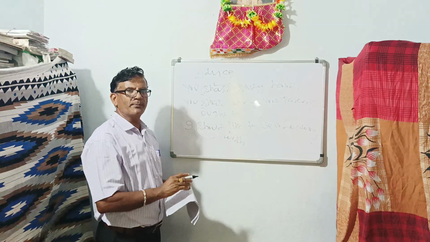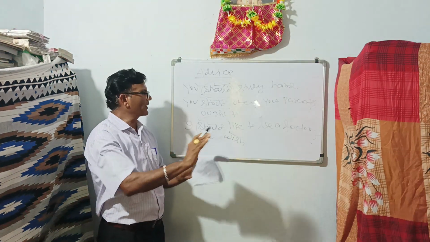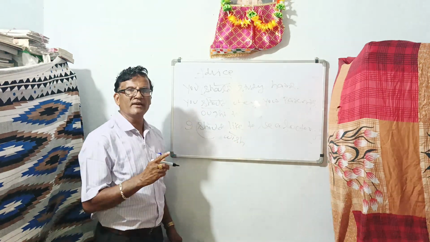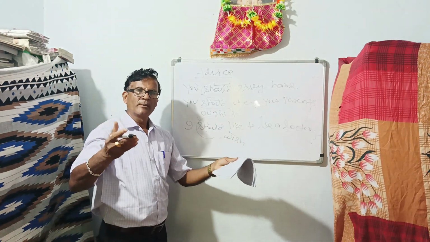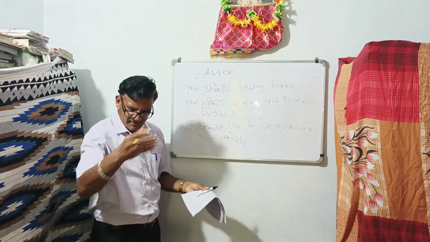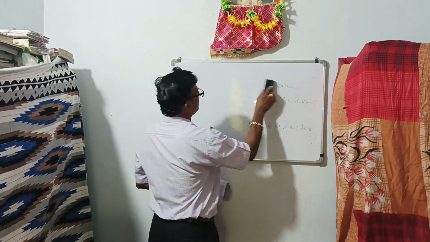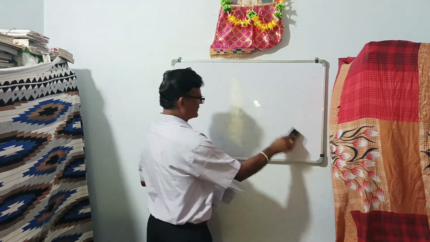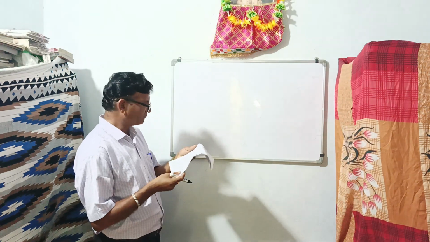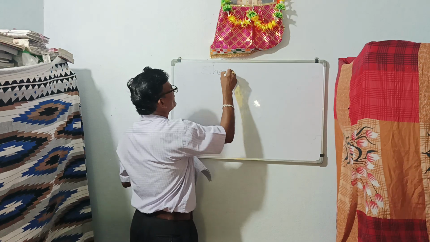In different sentences and situations, the same modal auxiliary verb expresses different meanings. May you live long, may God bless you: here the modal auxiliary verb may expresses wish. So may and should are used to express wish, whereas should is also used to express obligation. Then shall, will.